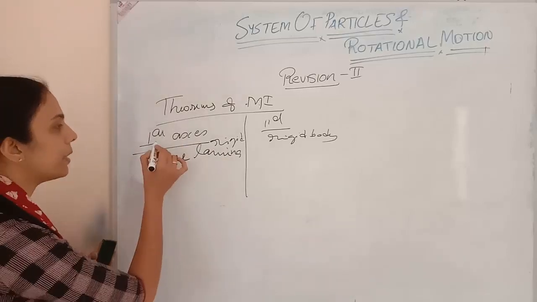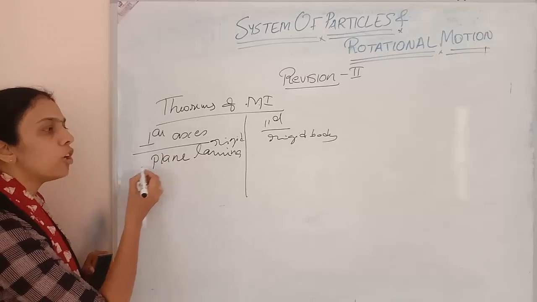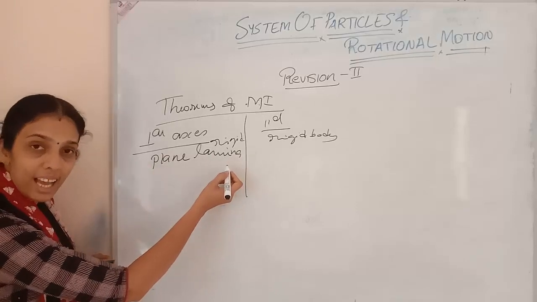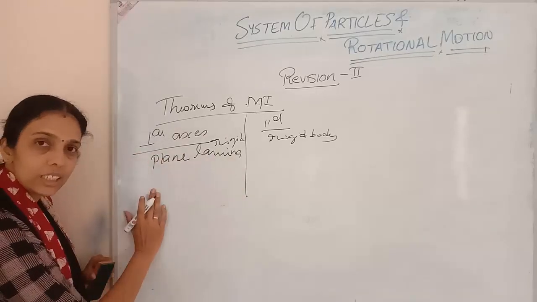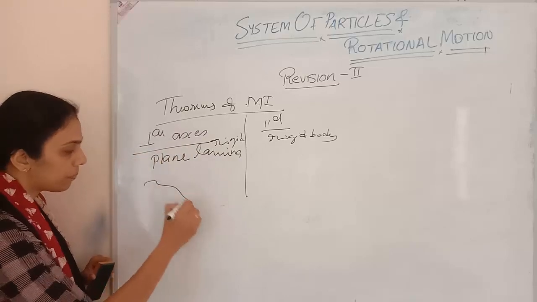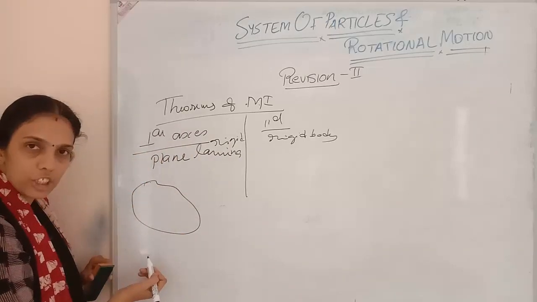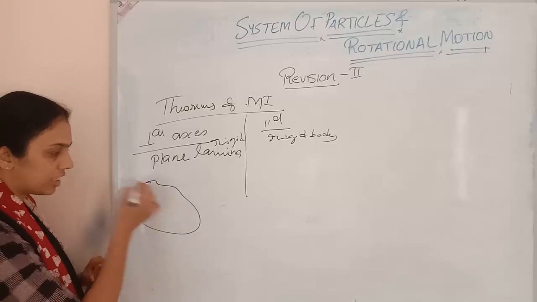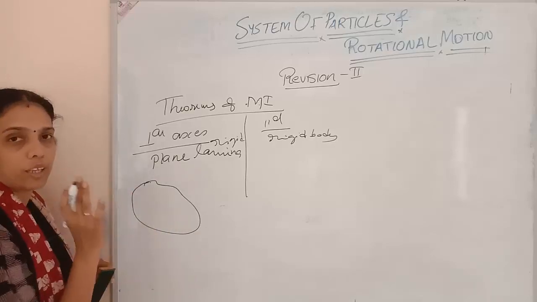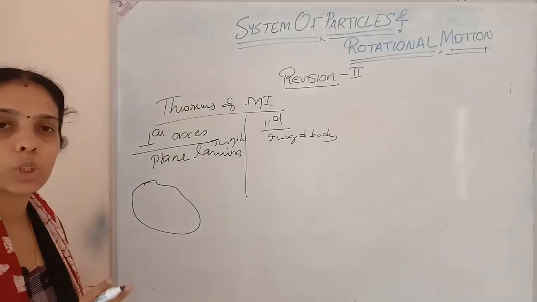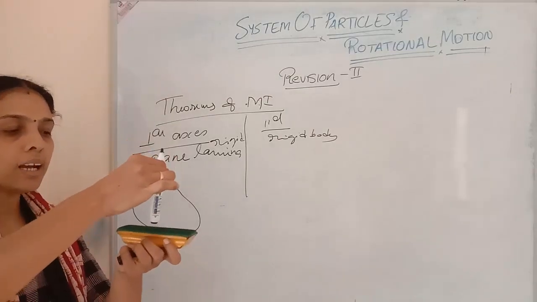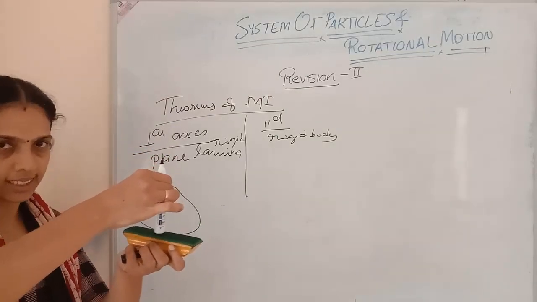So in perpendicular axis theorem, I am going to calculate the moment of inertia of a plane lamina of a rigid body. Which axis should I consider? I should consider a perpendicular axis.